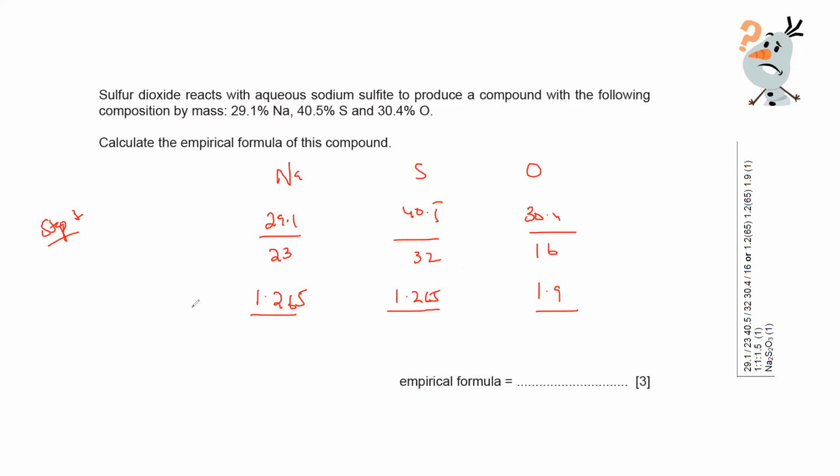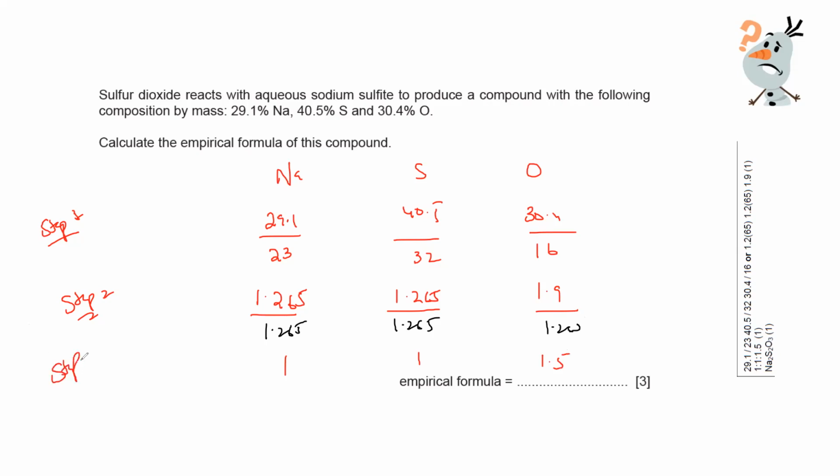Step 2: divide by the smallest value in the combination to get the simplest ratio. So 1.265 is the smallest value. When we divide them by the smallest value, this will come out as 1, this will come out as 1, and 1.9 divided by 1.265 equals 1.5.